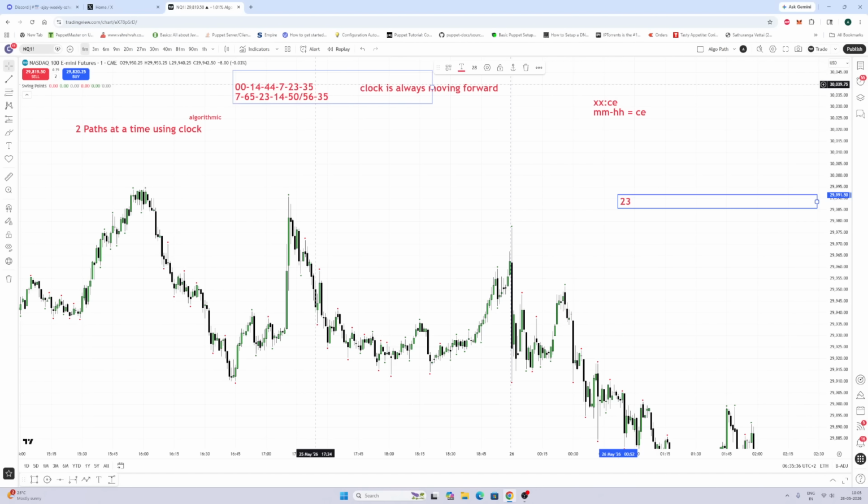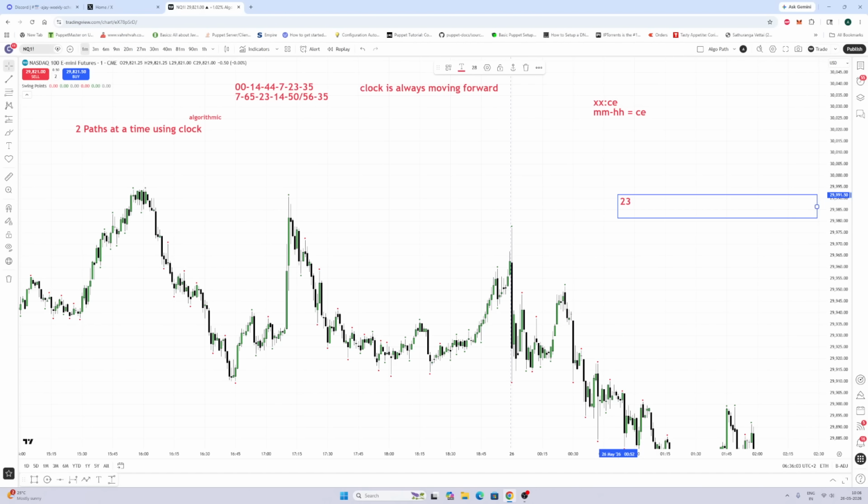Will 23 go to 35? Yes, because the clock is moving forward and this is the first stop, or the first check the algo does to see whether it can give a reaction there. Now if the market is algorithmic, then every time 23 should stop at 35. Okay, and this is the edge that you have in the market.